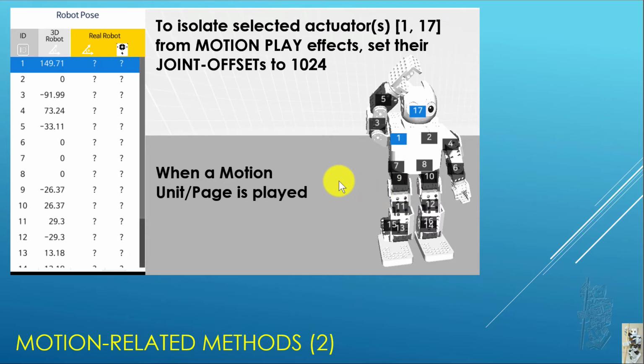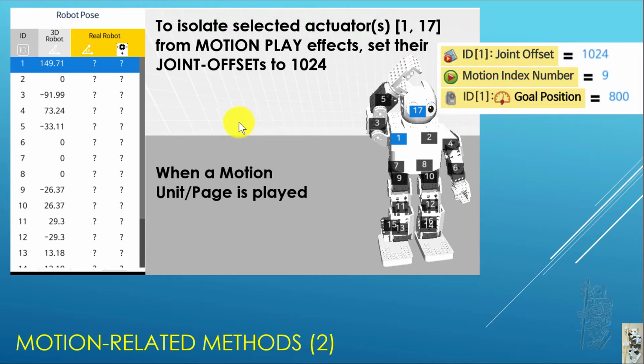So in order to do that, I want to isolate, for example, Servo 1 and Servo 17 from the motion play effect. What you do is set the joint offset to 1024. More explanation in the book.